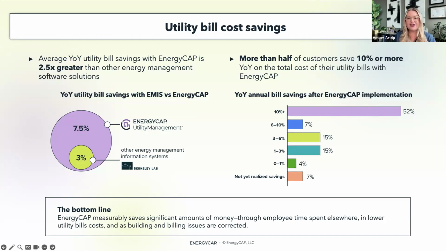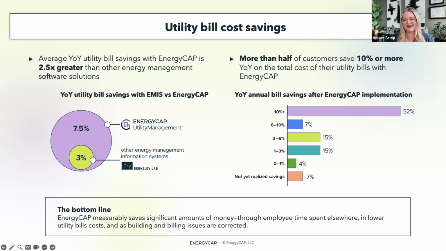Great savings. Can you imagine if you were able to save 3% or more on your utility costs each year? That's a huge chunk of change. I would challenge you to do that math. So we thought, okay, that's really interesting. I wonder what EnergyCap customers are experiencing.